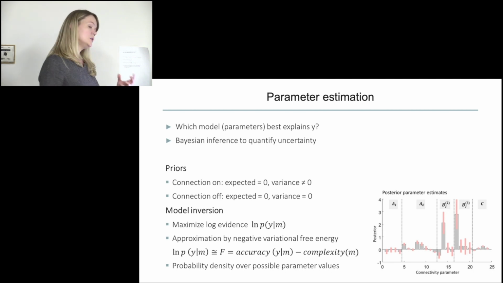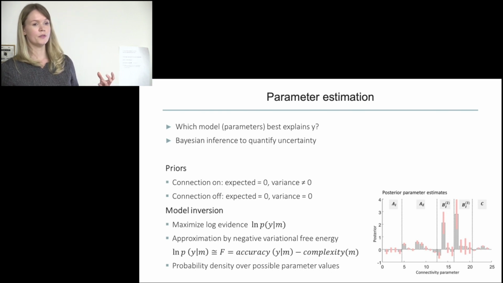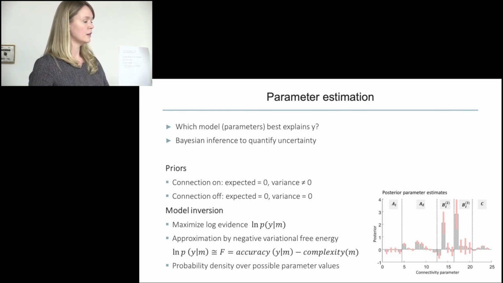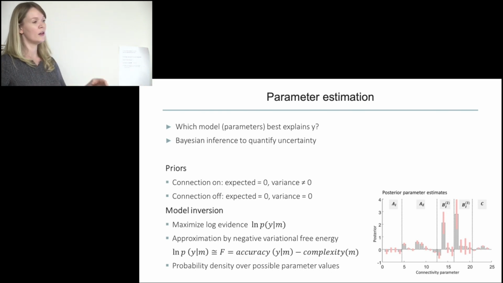And that's what you do. You invert models and you compare them in terms of their free energy. That's a repeated thing that we do in DCM. We specify models, estimate them, compare the free energy, and whichever has the highest, most positive free energy is the best model that we can have.